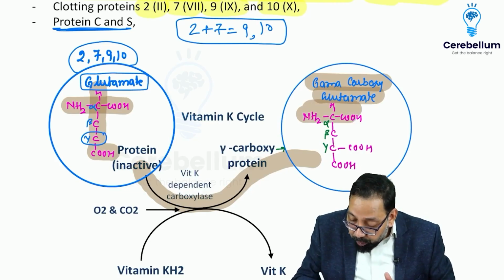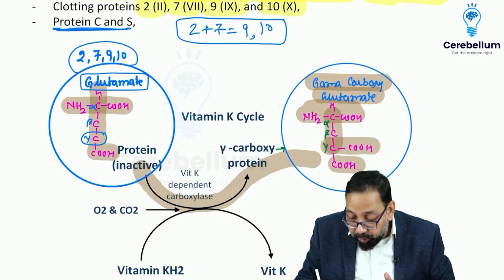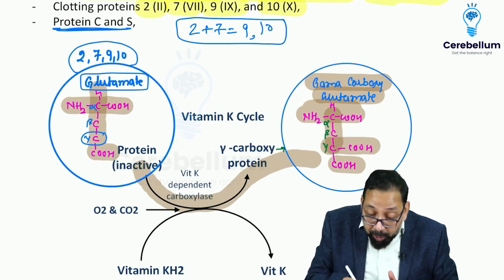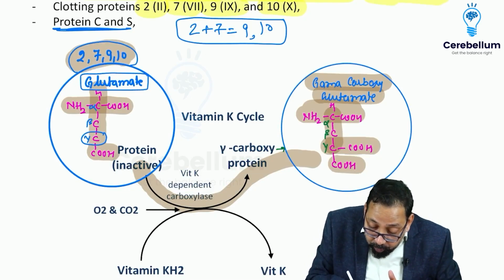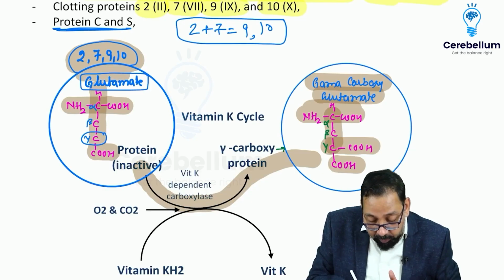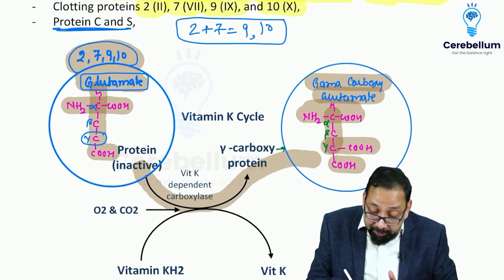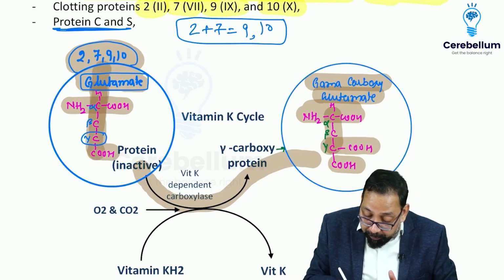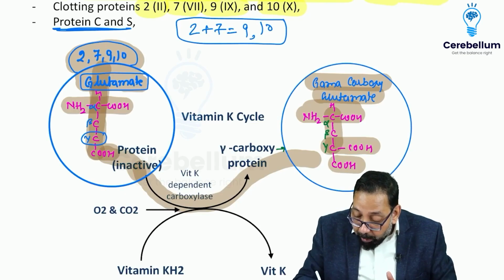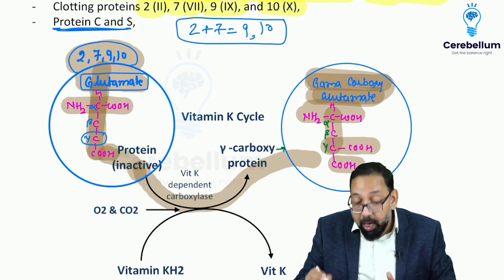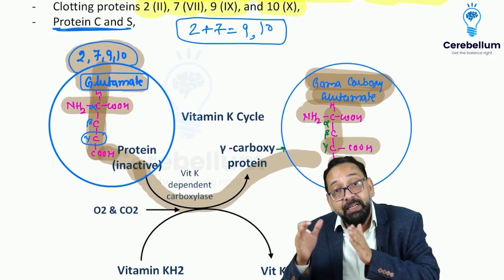Means in this glutamate at gamma position, carboxyl group is there. So if clotting factor 2, 7, 9, 10 want to be activated, first of all, glutamate should be converted to gamma carboxyglutamate. Now these clotting factors will be activated.